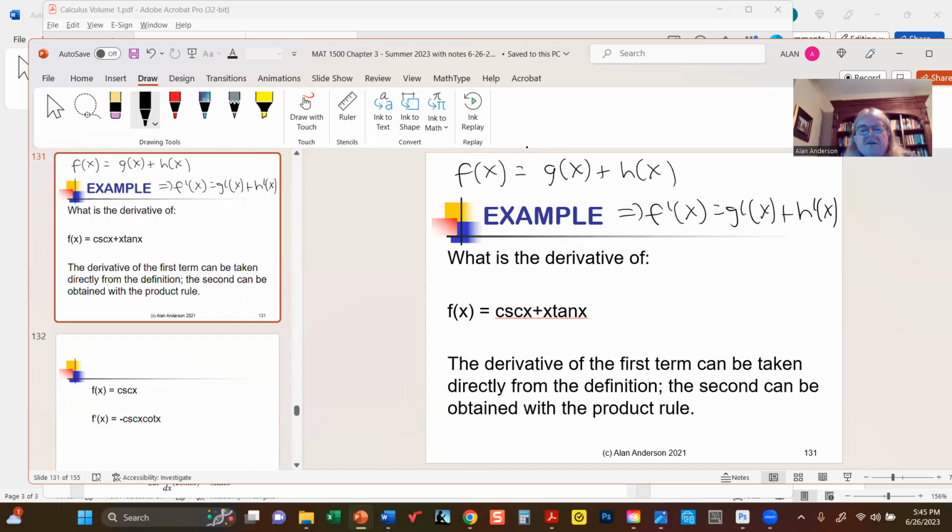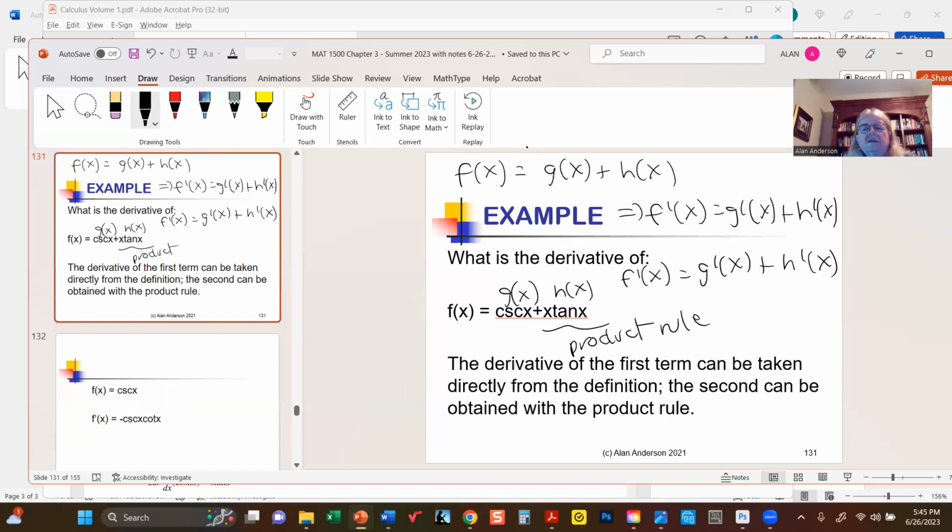So if you think of this as g of x and h of x, that means that f prime of x is the derivative of the first term plus the derivative of the second term. If the second term is a product, it will require the product rule. Okay, so it's not that messy, but we'll need to consult with that list of derivatives in order to do this properly.